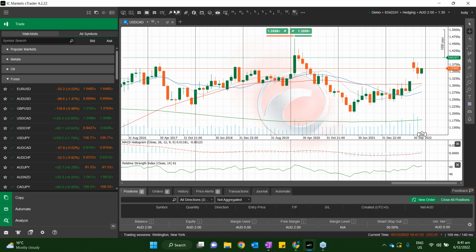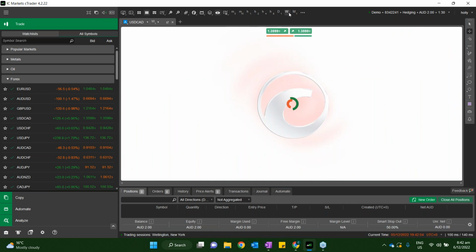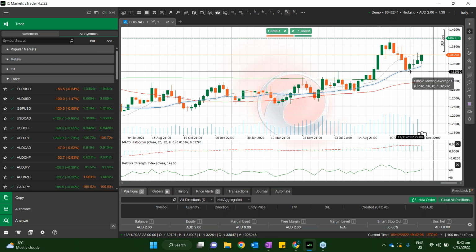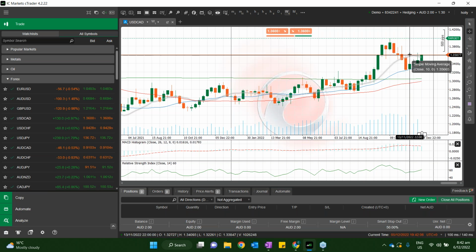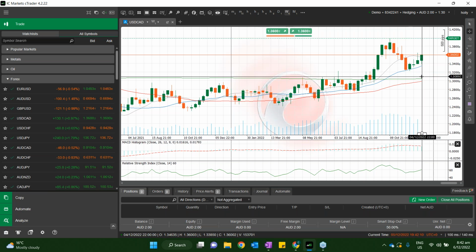Okay, let's do a top-down approach on the USDCAD. It is still in an uptrend on the monthly, even though it's slightly above its moving averages. The weekly chart, oh, there was an opportunity right there on the weekly. And perfectly above 134.